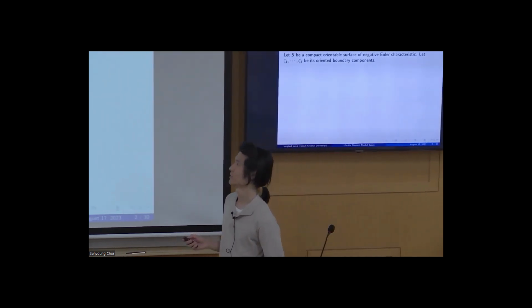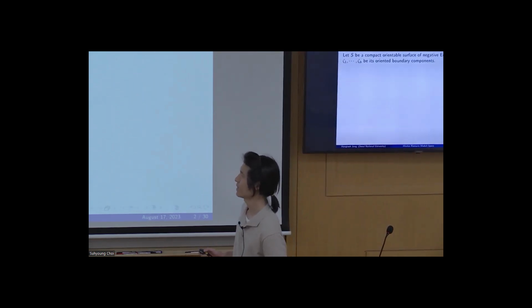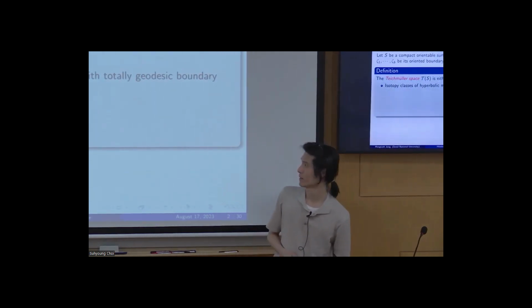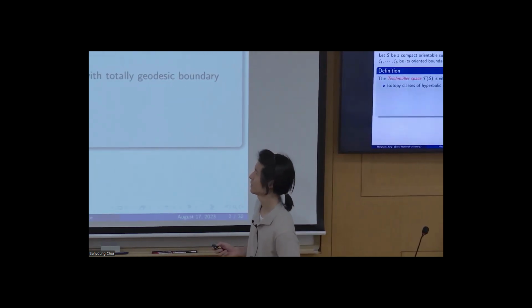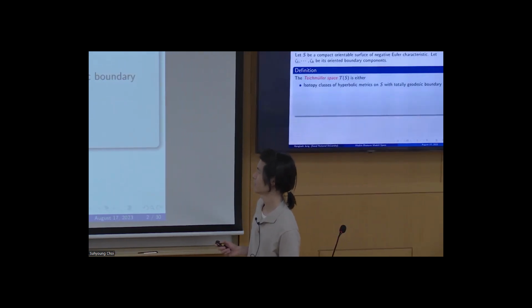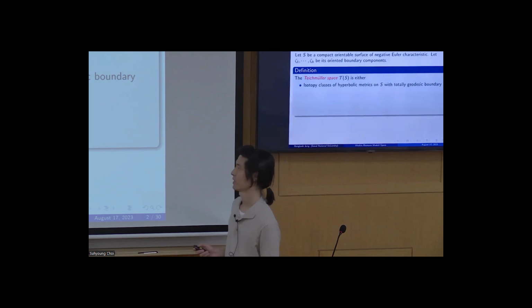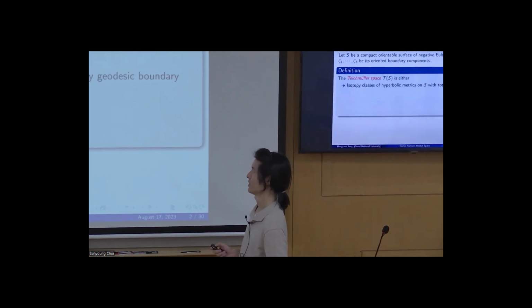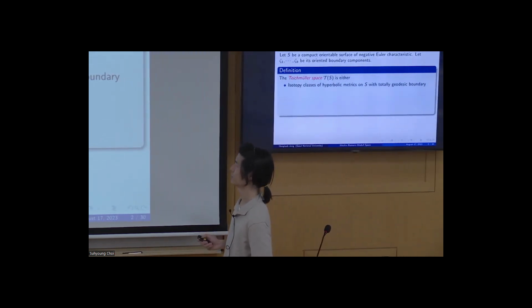Let's say S is a compact orientable surface with negative Euler characteristic, and it may have boundary, say ζ1 to ζb. We define the Teichmüller space as the isotopy classes of hyperbolic metrics on S. There are actually many variations of the Teichmüller space if our surface has a boundary, but we adopt this definition, so we assume that the boundaries are all totally geodesic.